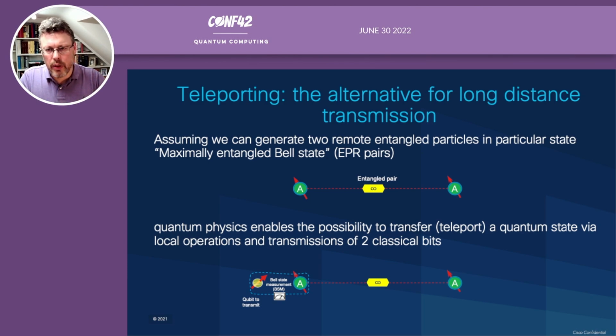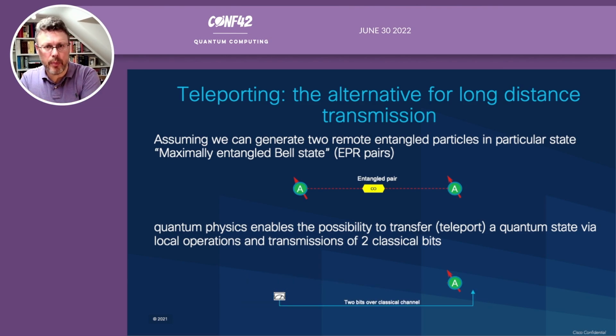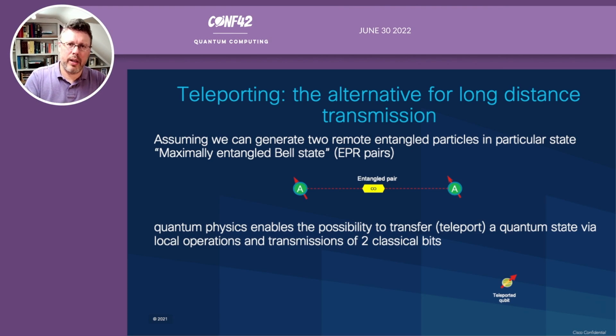So in order to do that, we take a Bell state measurement of the interaction between the two particles. That produces a measurement result. We send that measurement result over to the counterpart pair of the entangled pair at the other end of the communication link. We apply a localized operation to it, and that localized operation recovers what the original matter qubit was as it entered the system, and we get this teleported qubit materializing at the far end of it.